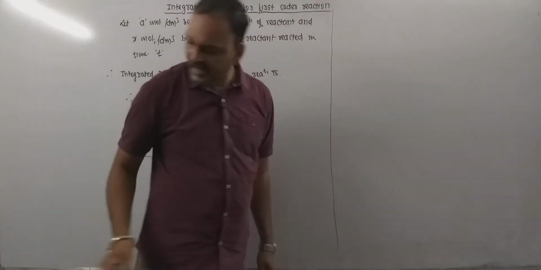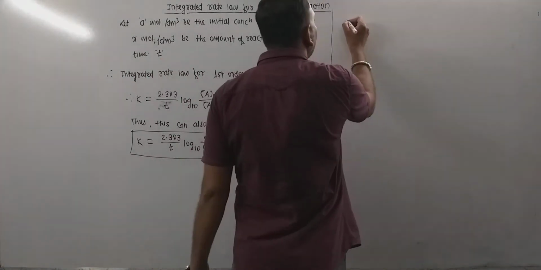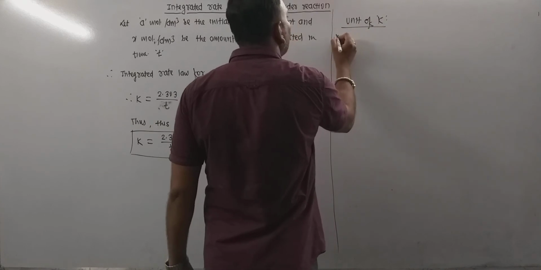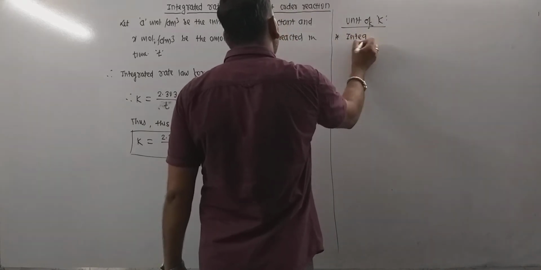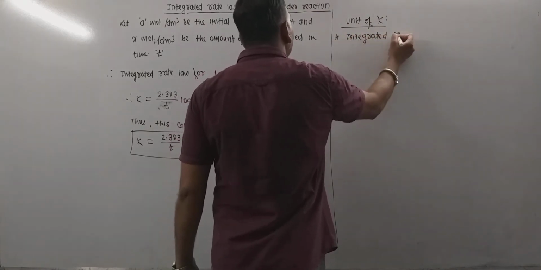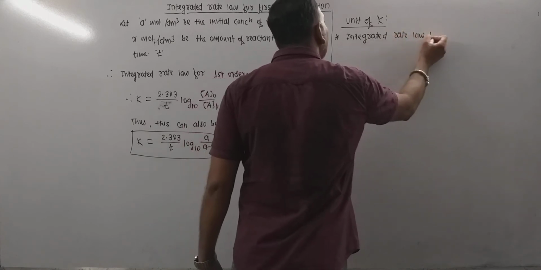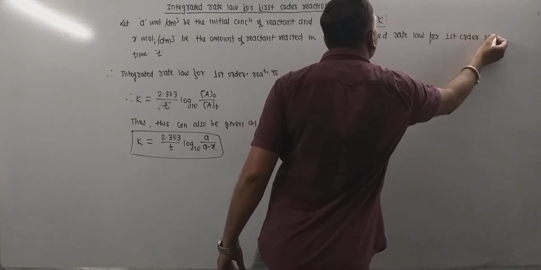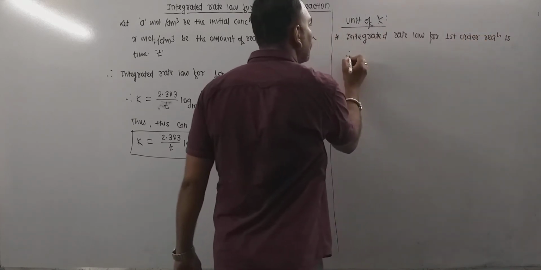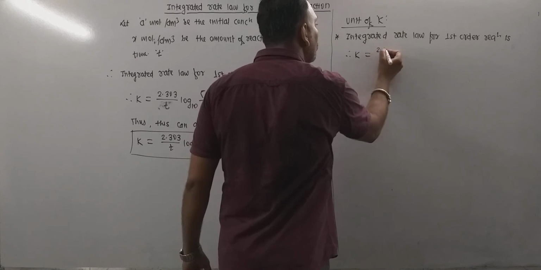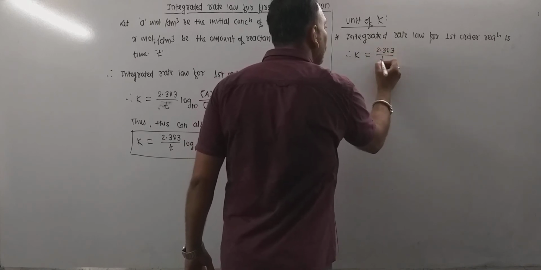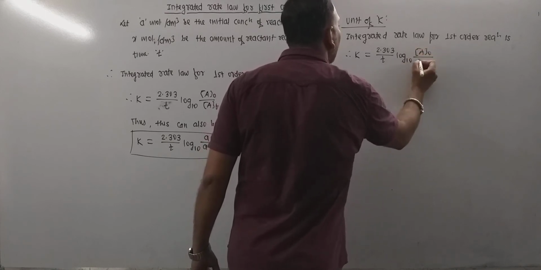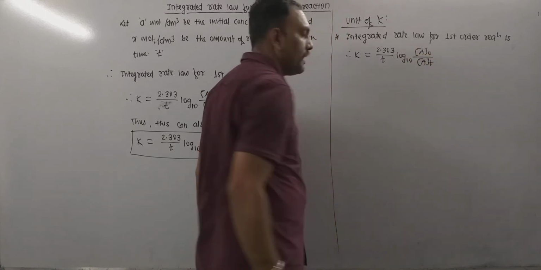Integrated rate law for first order reaction is k equals 2.303 by t log base 10 [A]0 upon [A]t.